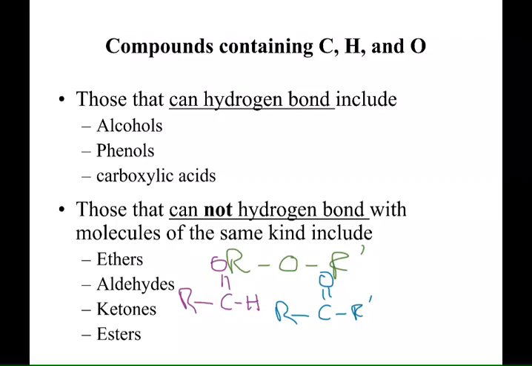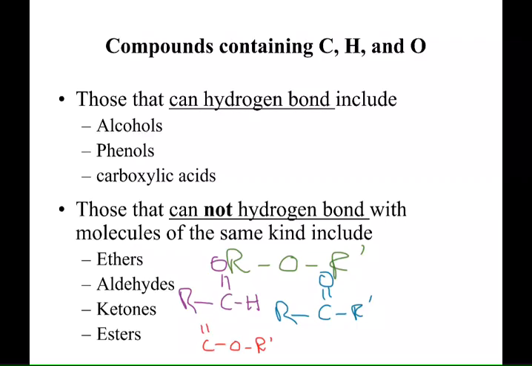Esters. Okay, so I'll do red for esters, and they look like this. Embedded in it is a carboxylic acid a little bit. So esters go like this. It's not in the middle, again, so I'm going to put an R prime and an R here. Oops, that's not what I want to do. Sorry. The carbon is singly bonded to an oxygen, and then we have R prime over here.